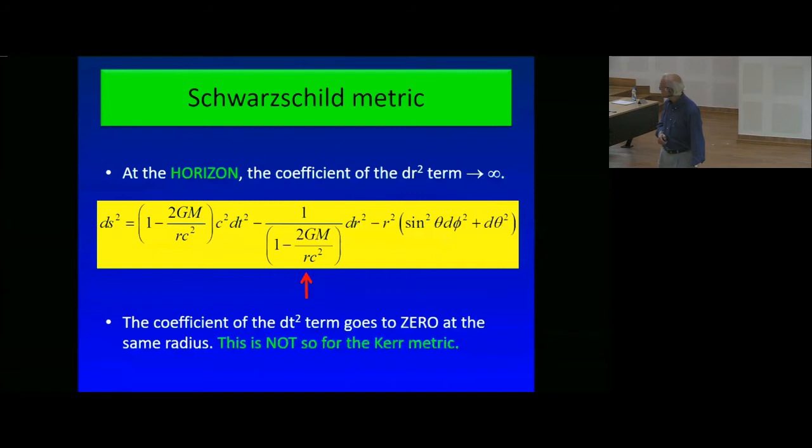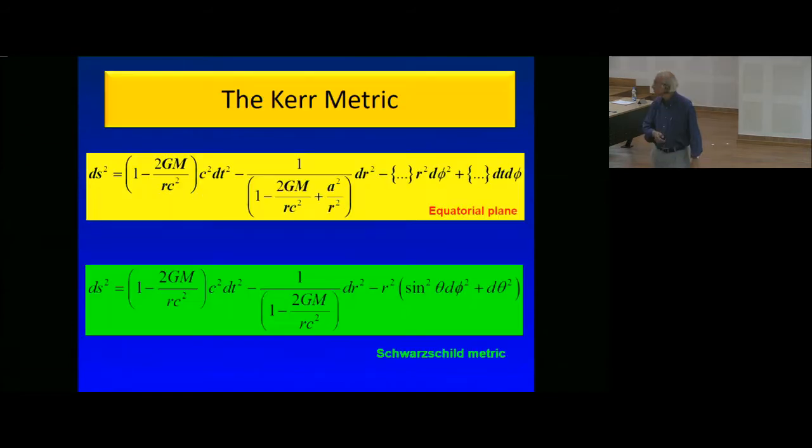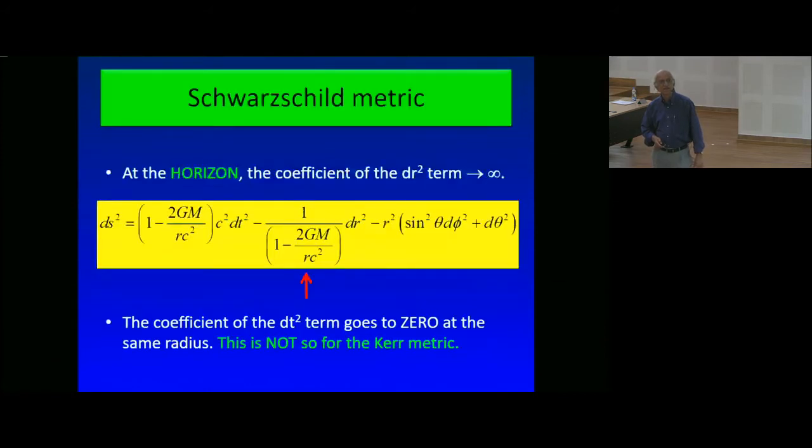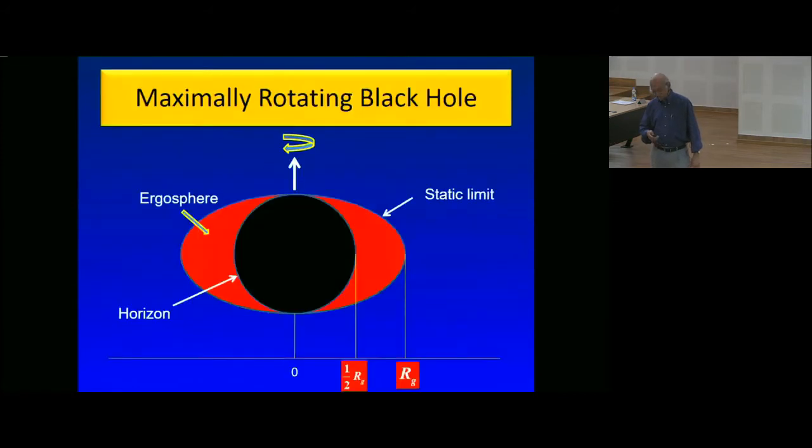But in this case for the Kerr metric, the place where this goes to infinity is going to be different from where this goes to infinity. And because of that, a very new, interesting, and exciting feature appears in the Kerr black hole.